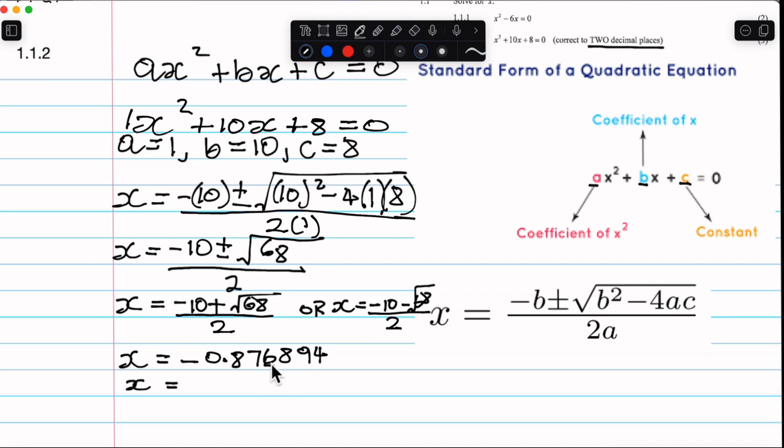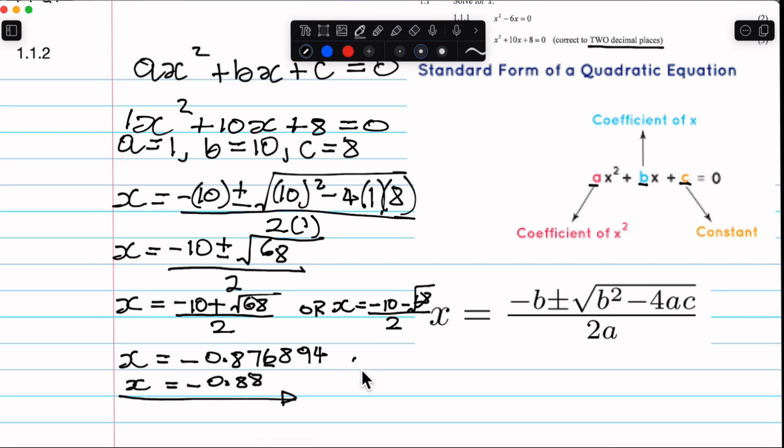Okay, so if this value is 5 or more, then we need to add 1 to the previous digit. But if we get a value that is less than 5, then we just take the number as is without changing anything. So this will be negative 0.8. So this is obviously greater than 5. We will add 1 to the 7, which gives us 8. So this is our first solution.